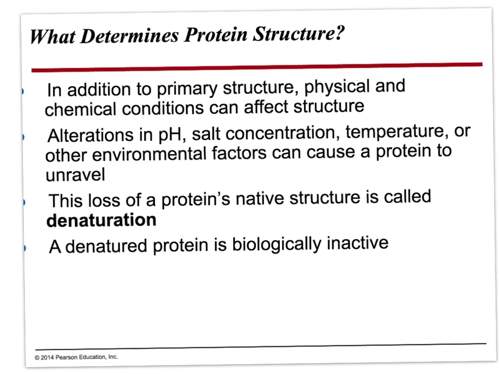How would an alteration in pH alter protein structure? What are you doing when you increase pH? What are you increasing? The concentration of what? Hydrogen ions, H pluses, right?